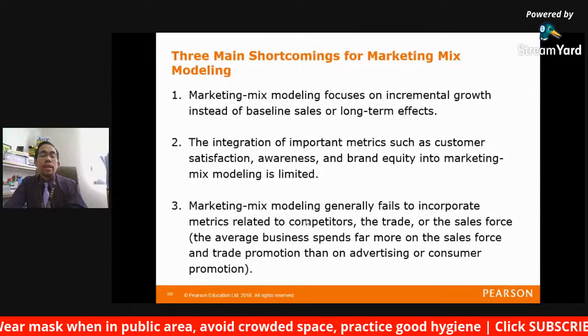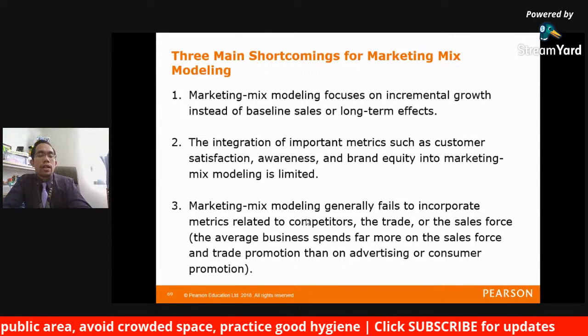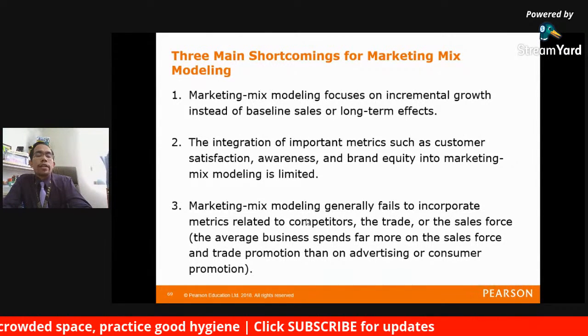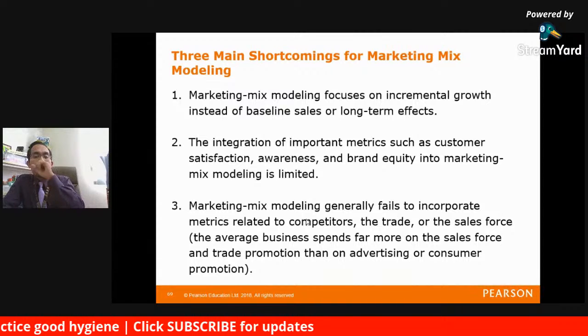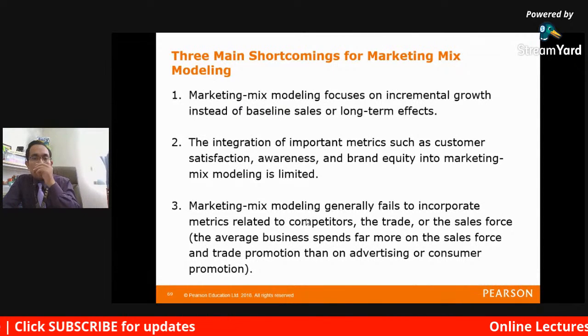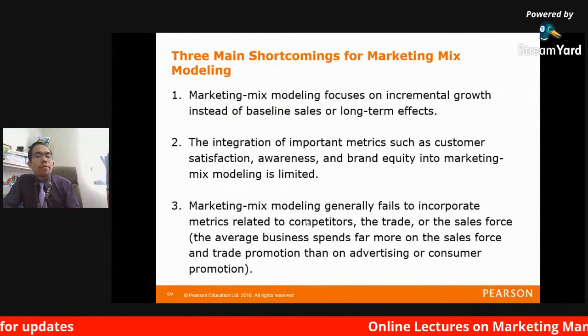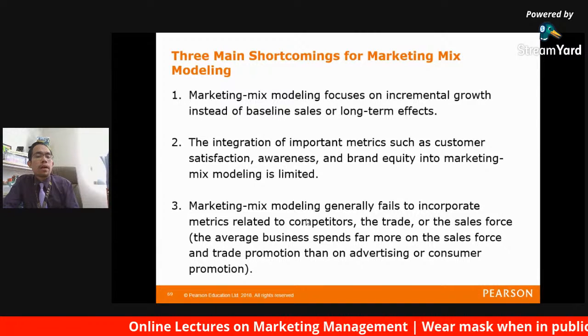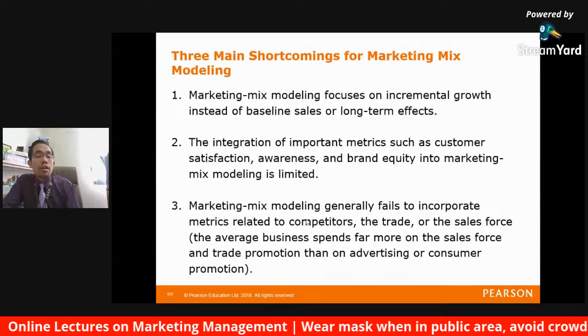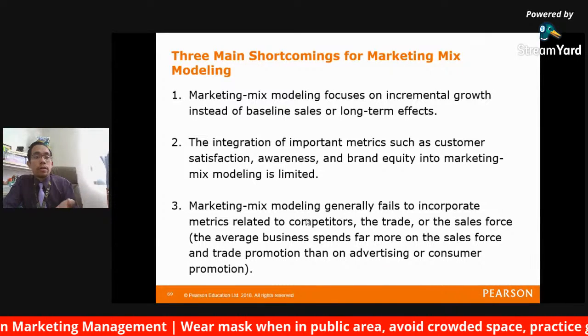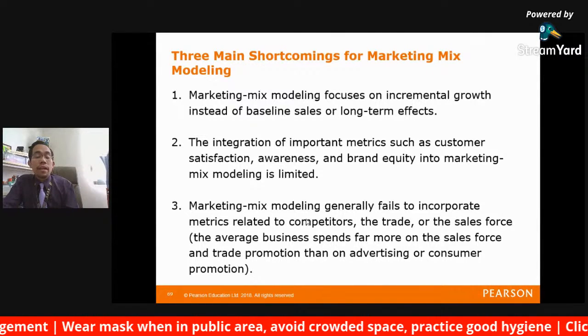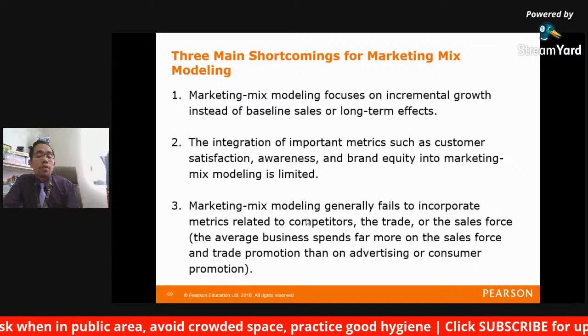Three main shortcomings, meaning drawbacks, for marketing mix modeling. First, it focuses on incremental growth. The integration of important metrics such as customer satisfaction, awareness, and brand equity into marketing mix modeling is very limited, because we're talking about the emotional part, which is very sensitive.